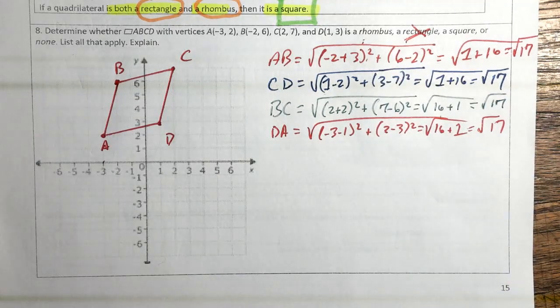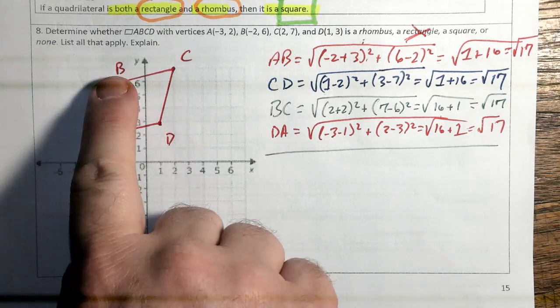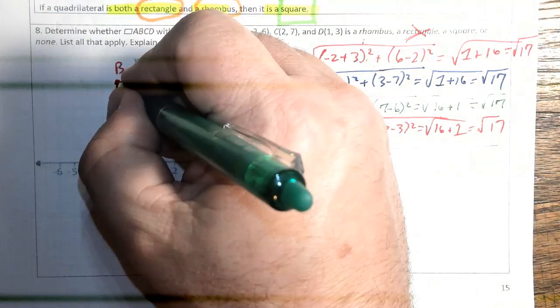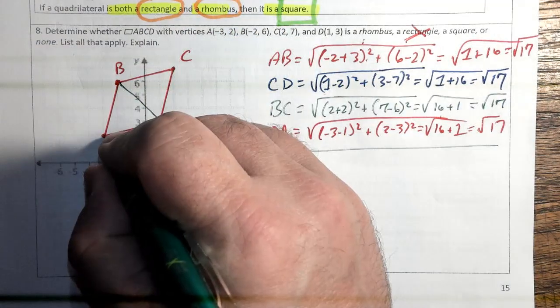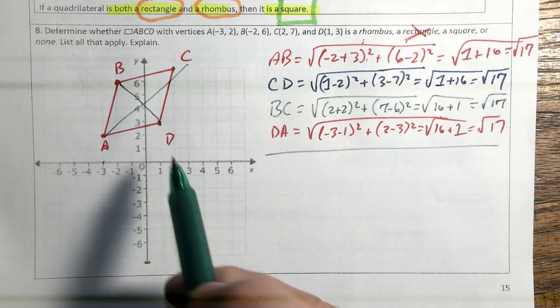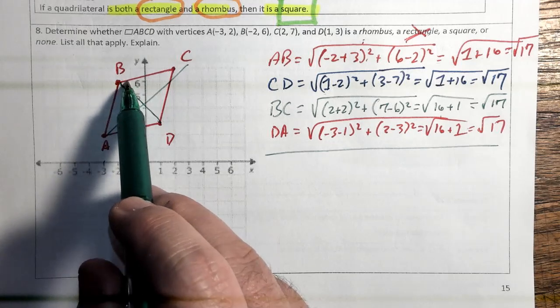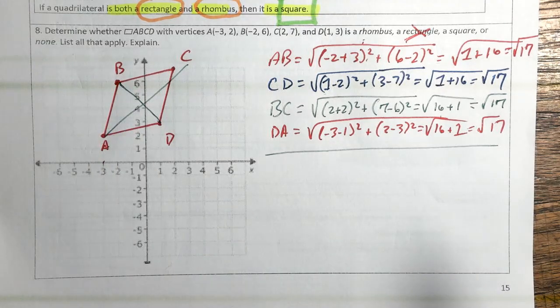So next step, we need to find the slope of BD and AC to see if, wait a minute. Actually, we can find the slope of AB and BC to see if this is a 90-degree angle, and that'll tell us if it's a square or not.